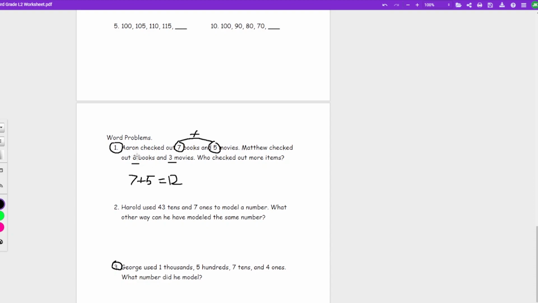And 8 plus 3 equals 11. And 12 is greater than 11. So Aaron checked out more items. So our answer is going to be Aaron.